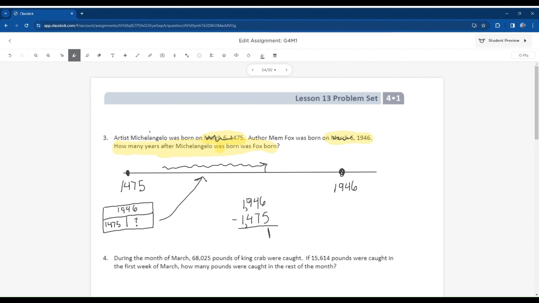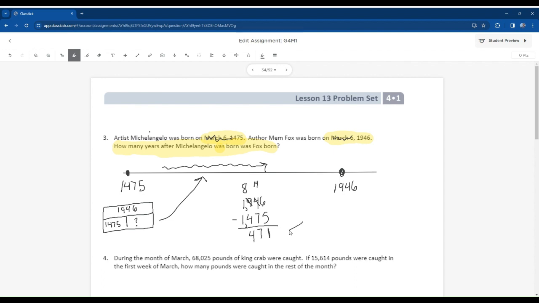So I'll regroup from my hundreds place. I'm going to regroup 9 hundreds for 8 hundreds and 10 tens. And I already have 4 tens, which makes a total of 14 tens. And 14 minus 7 is, of course, 7. And 8 minus 4 is 4, and 1 minus 1 is nothing.